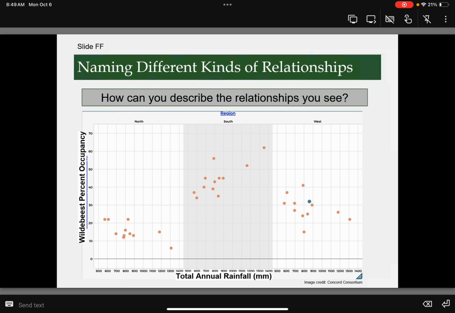How might you compare those relationships with each other? How does the north compare to the south to the west?